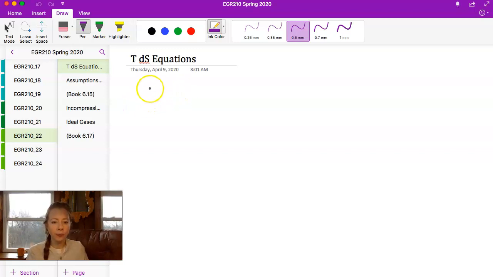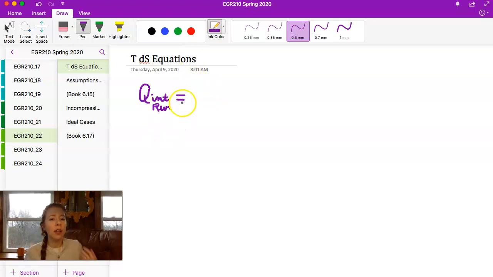And so we can say that heat transfer for an internally reversible process. And remember, we use the Clausius inequality to determine whether or not a process is reversible, irreversible, or impossible.